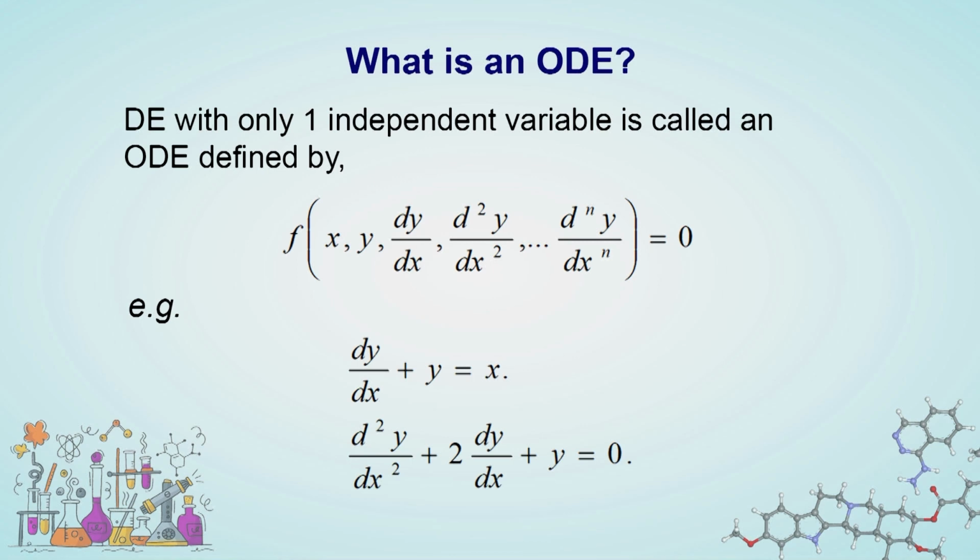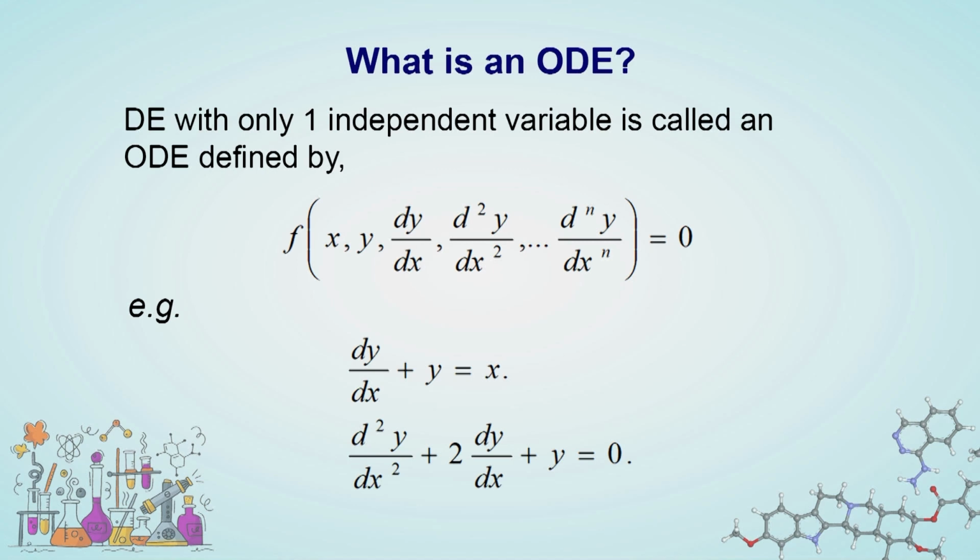Order means, if we measure the rate of change with respect to x, then what is the rate of change in y with respect to x? It means we differentiate y as d by dx. This is the first change. It means the first order.